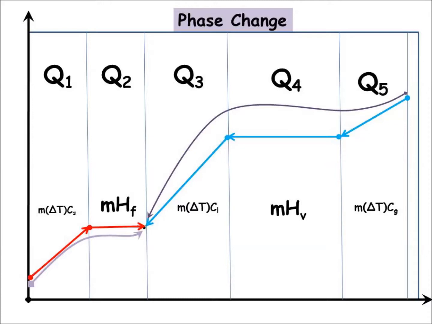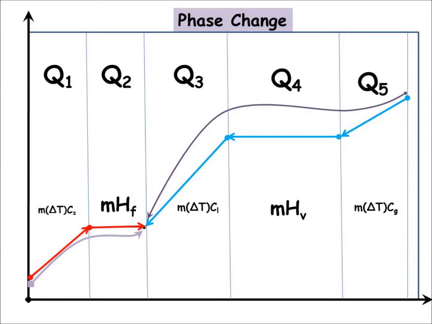The ice is going to go from negative 20 to 0, and then 0 solid to 0 liquid. So you have the ice going through 2 steps and the steam going through 3 steps. Are you with me, guys? Does it make sense? Okay, we're going slowly, so it should make sense.